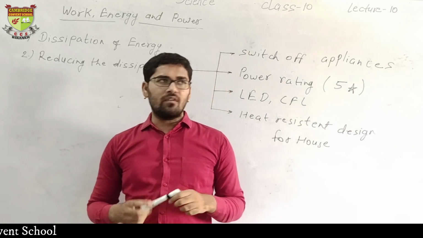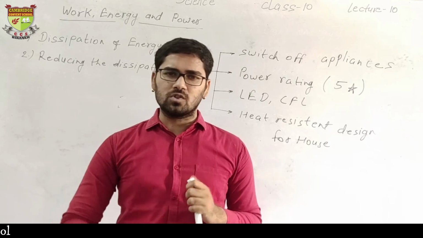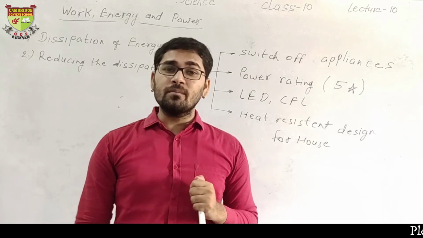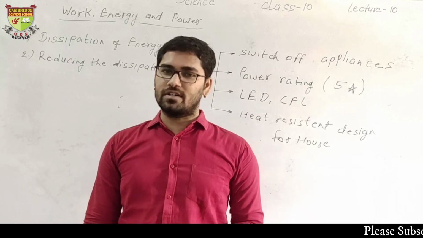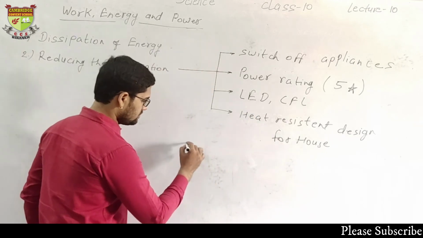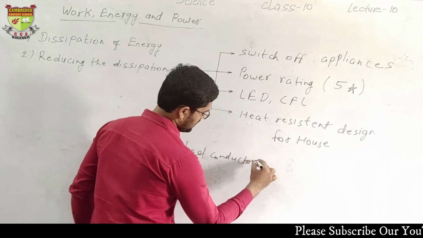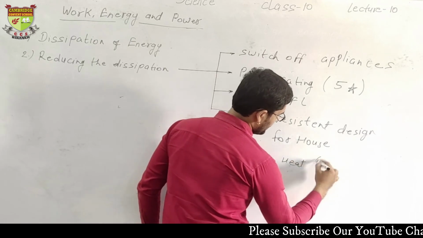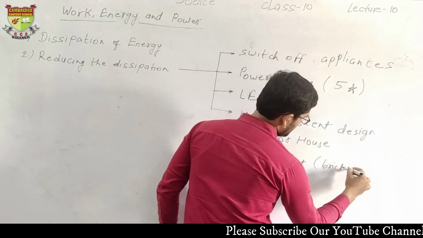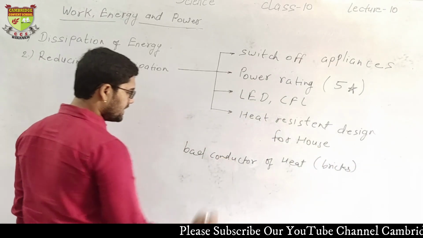In summer, for the material we use for building the walls of our house, like bricks, we must use bricks whose material is a bad conductor of heat. Bricks should be made of a material which is a bad conductor of heat.